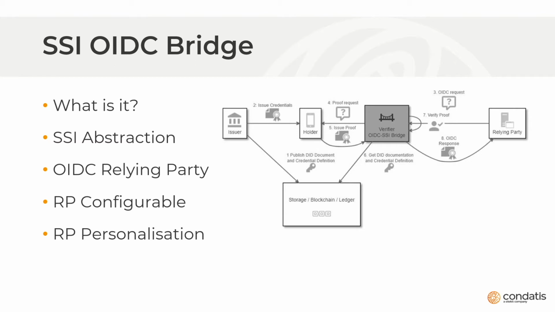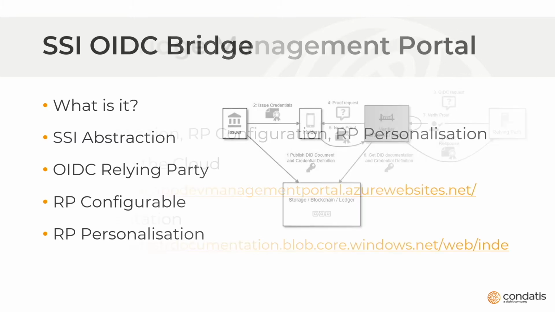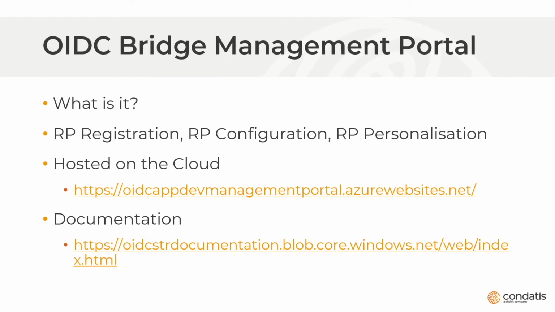Or for today's hackathon, we've provided a relying party application that's already integrated. The OIDC Bridge has a management portal that can be used to configure new relying party registration, the RP scope configuration, and the personalisation for a relying party.